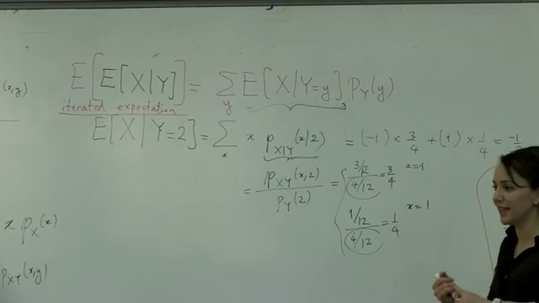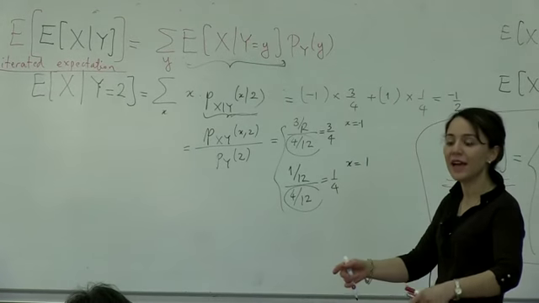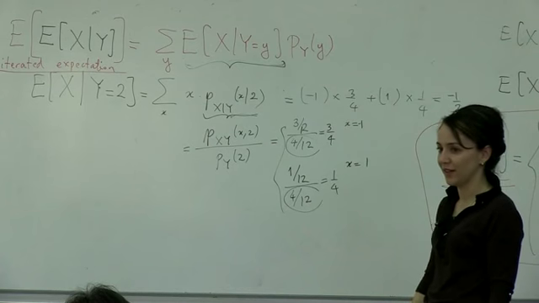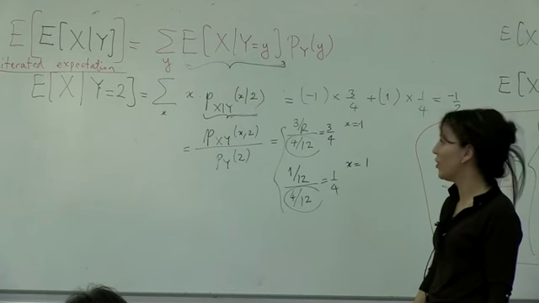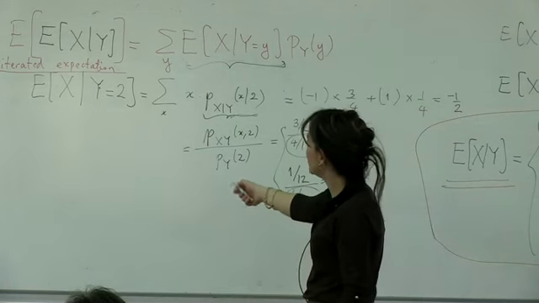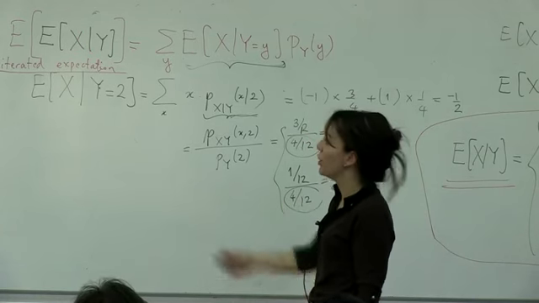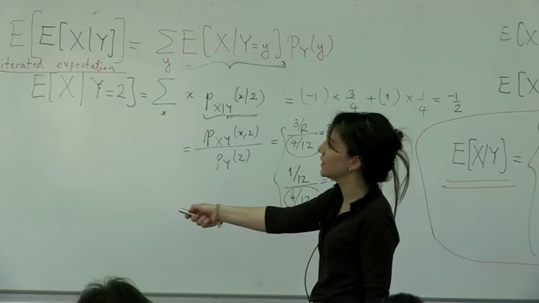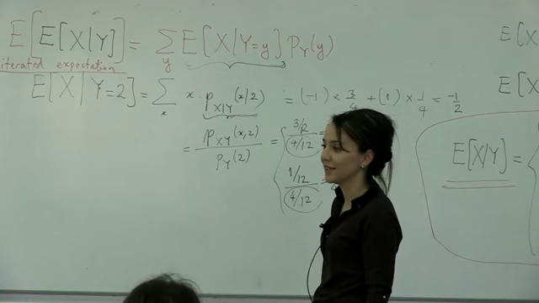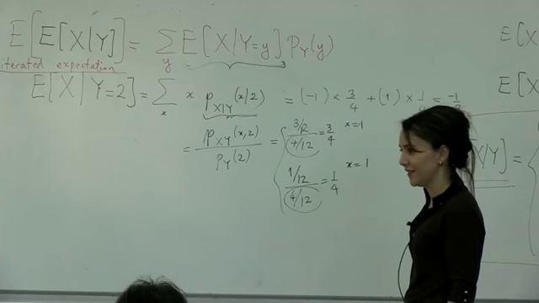I'm first finding the expectation of x given y. Now and then I take an expectation over y. So, by the total expectation theorem, doing this iteration gives me the expectation of x. Why? Because the expectation of x is this. Expectation of x given y equals y times py of y. That's the total expectation theorem. It's nothing but this. See?